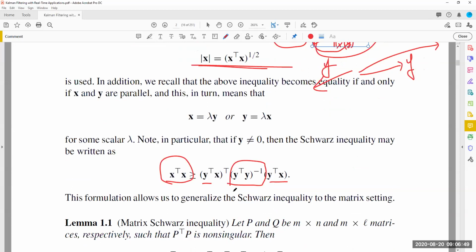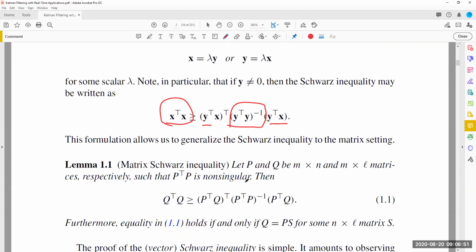It's interesting: if you change x to Q and y to P, you get the matrix Schwarz inequality. The P and Q may not be square matrices or symmetric, but the only requirement is that P transpose P is non-singular.